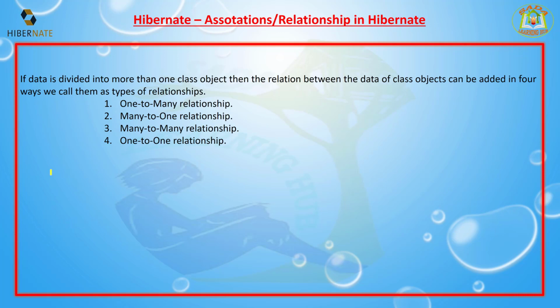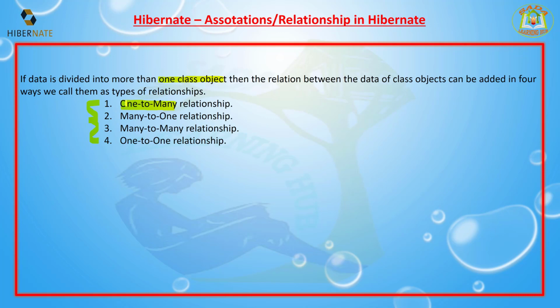If the data is divided into more than one class object, then the relationship between the data of the class objects can be added in four ways. The first one is one to many relationship.